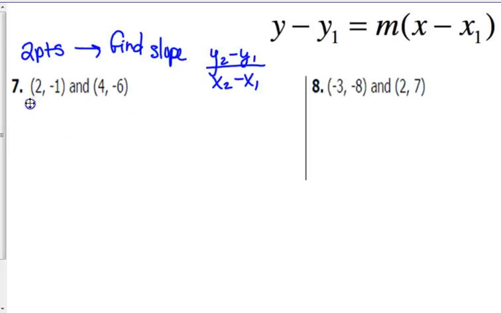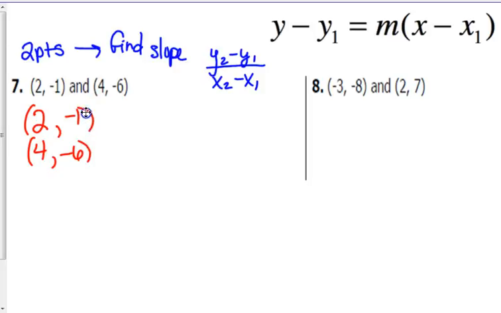All right, so we're going to go, the x's are the 2 and the 4, and the y's are the negative 1 and the negative 6. I was just rewriting them so that they lined up.